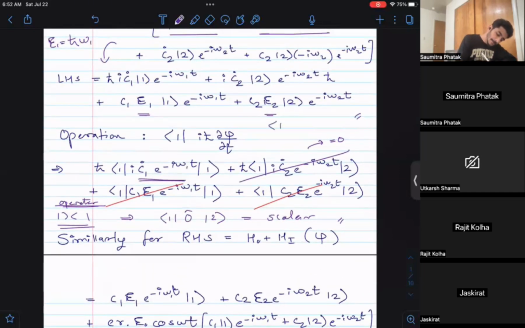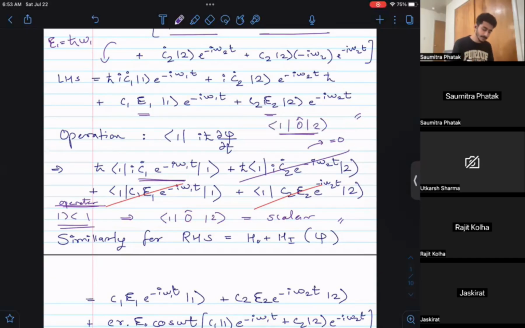Whenever you operate your operator on the second energy eigenket and then pre-multiply with the first energy eigenbra, it means the operator takes you from the second state to the first state. This tells you the coefficient for going from the second level to the first level.